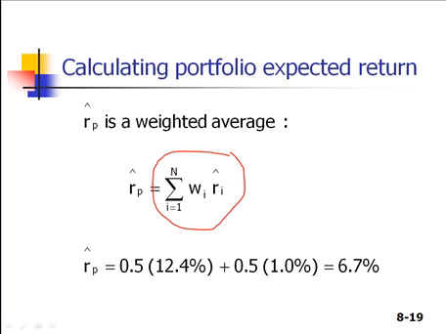So what exactly are we adding? Well, for each stock, we're going to multiply the weight of that stock, which is represented here by w sub i, by the expected return on that stock. Now, what exactly are these weights? It's really simple.